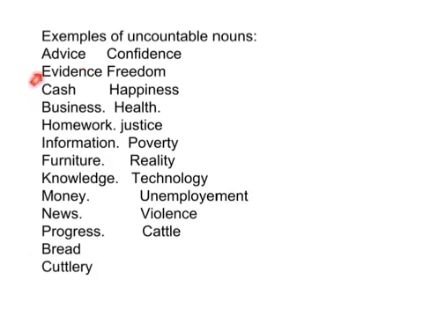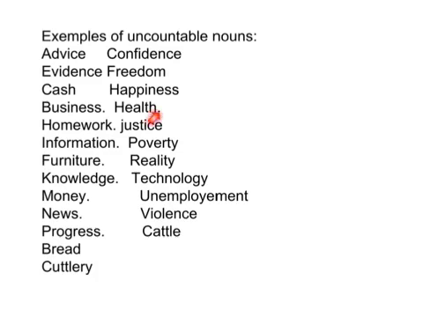Advice, a piece of advice, a piece of evidence, cash, business, homework, information, furniture, knowledge, money, news, progress, bread, cutlery, etc. Cutlery, for example, is a word that belongs to the collective category. Spoons, forks, knives, all of them add up to cutlery.